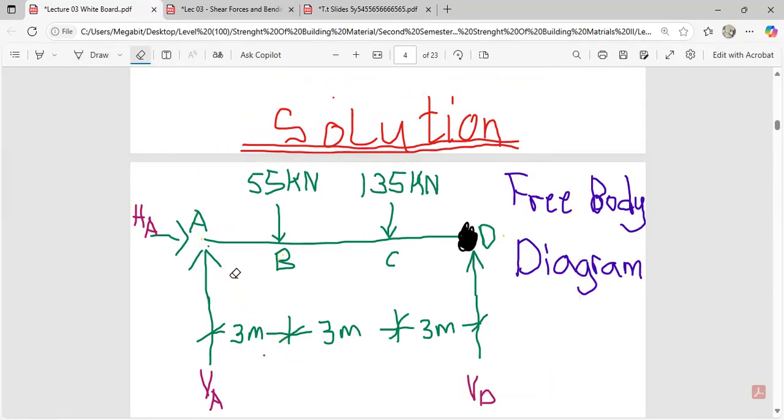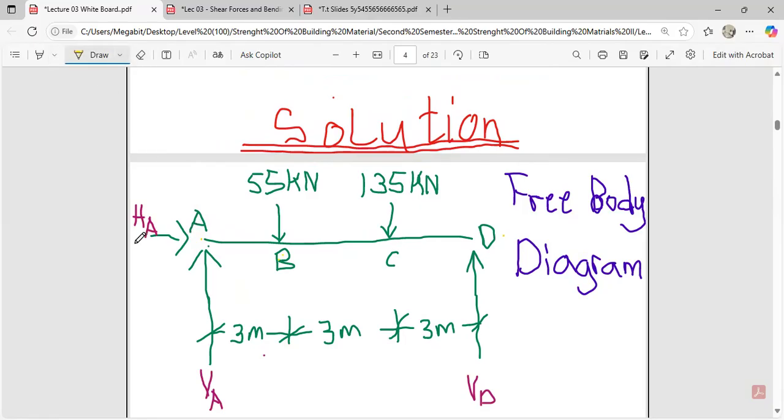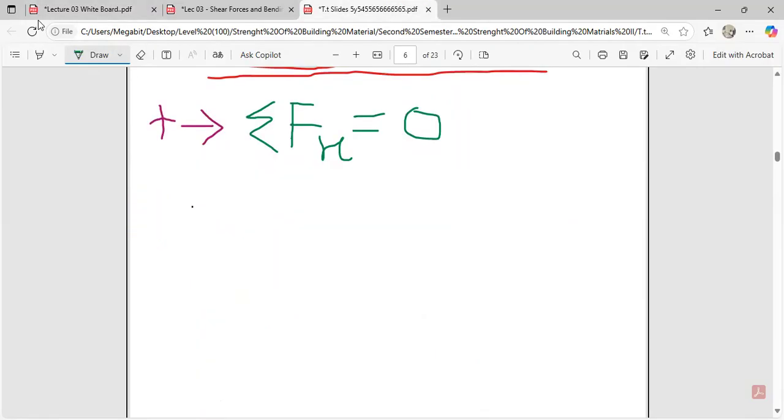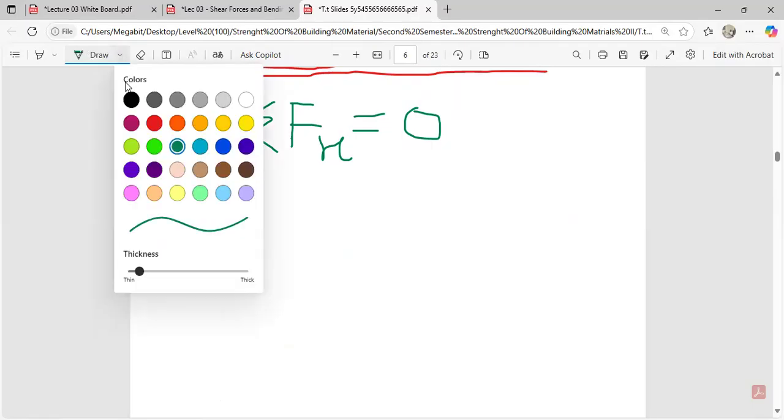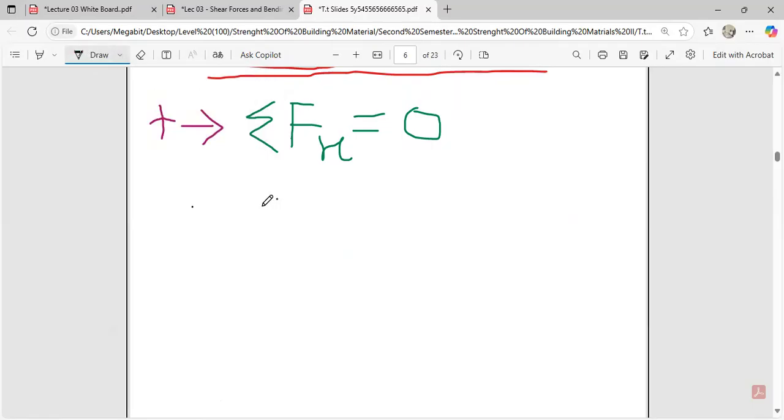So if that is the case, this HA that we are seeing over here is 0. So therefore, our HA is going to be 0. Okay.